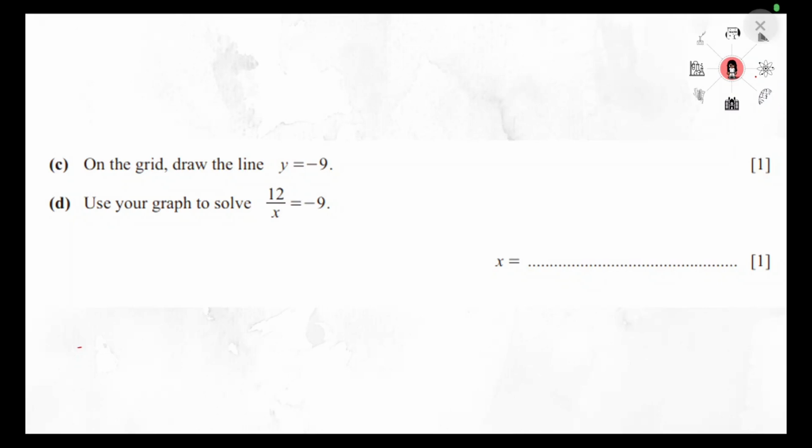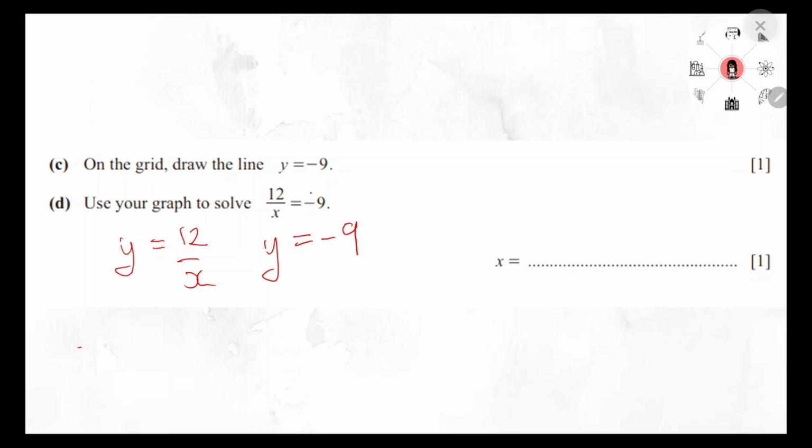D. Use your graph to solve 12 by x equals minus 9. Since 12 by x is equal to y, it means that y equals minus 9.